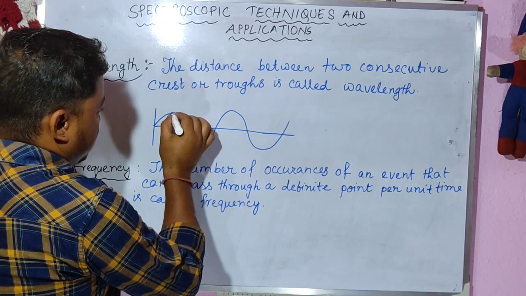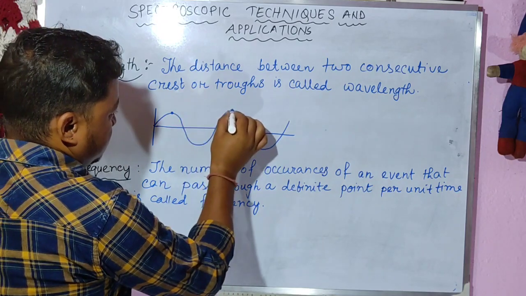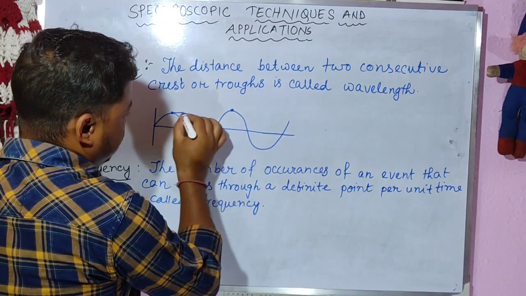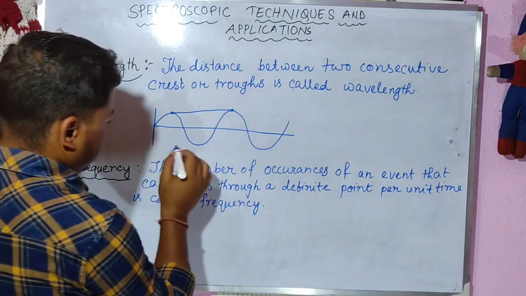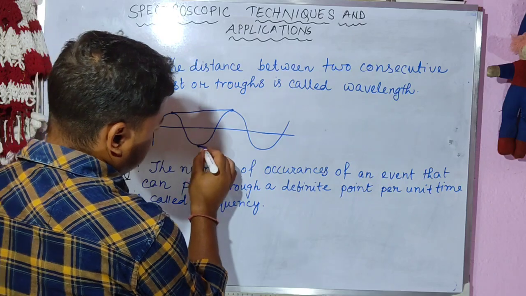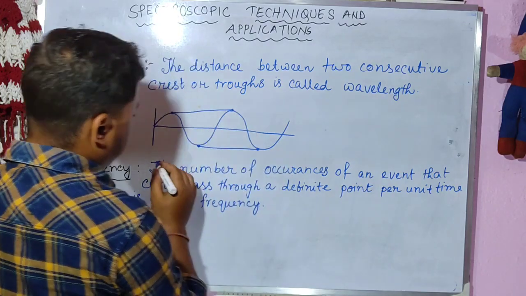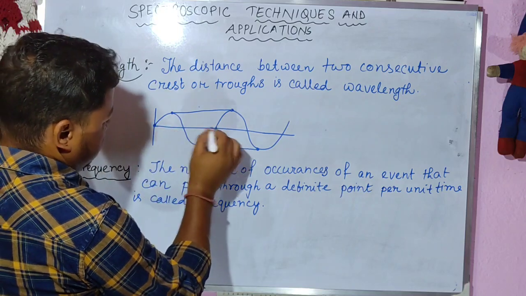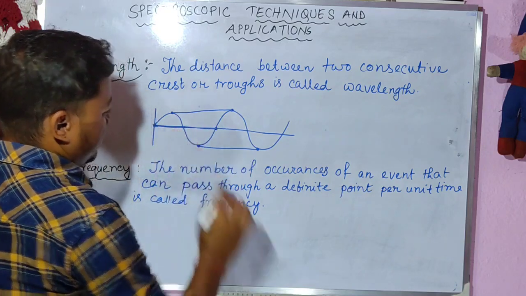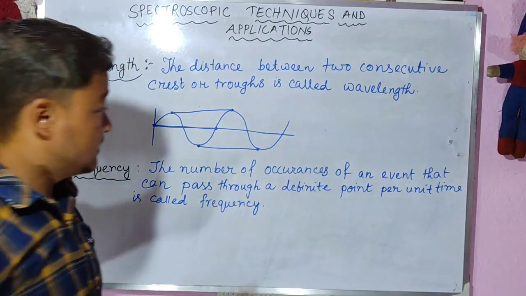So therefore, the distance between this is also wavelength. This is also wavelength, and from this point to this point, this is also a wavelength. Okay.